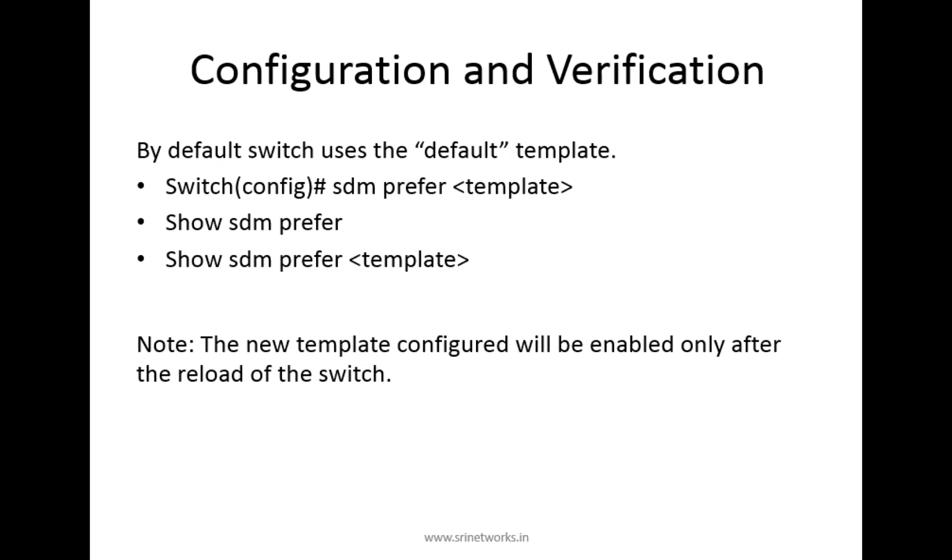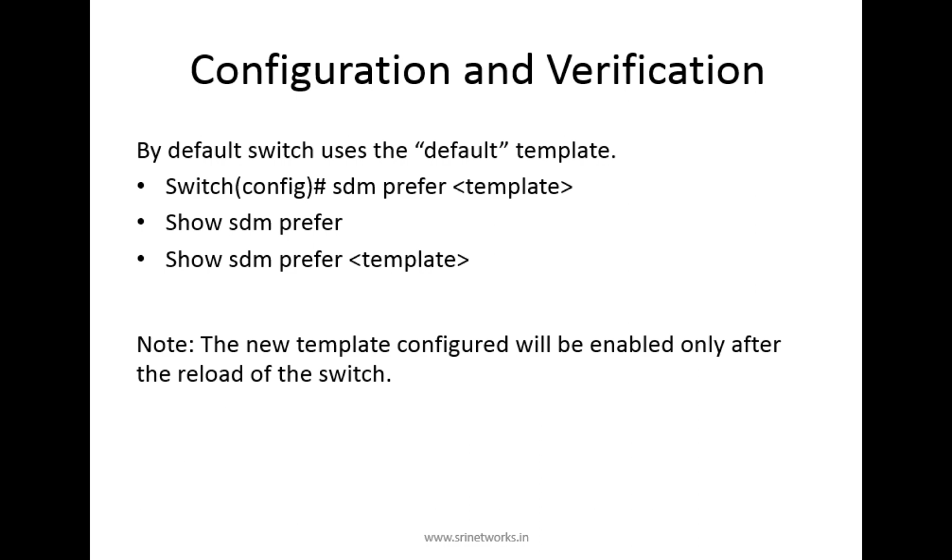Now the configuration and verification. By default the switch uses the default template because it balances all the functions and resources. If you want to change the template, in configuration mode you just use the command sdm prefer and the template that you want to enable: access, routing, VLAN, or dual IPv4 and IPv6.